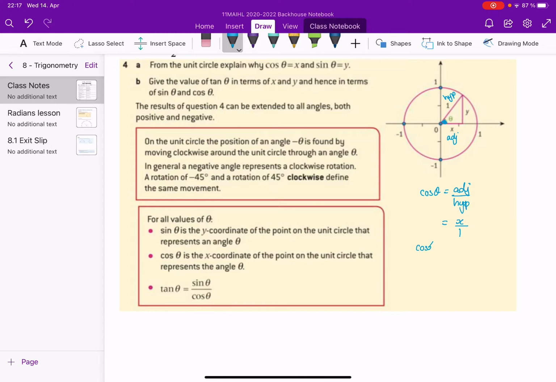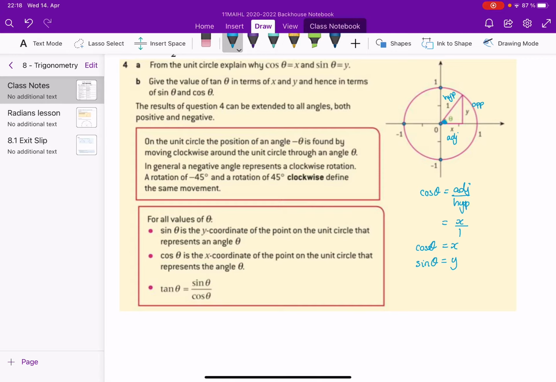So that simplifies quite nicely to just cos theta equals x. Similarly, sine is opposite divided by hypotenuse, so it would be y divided by 1, which is just y. So sine theta is equal to y. So what that means is we can actually consider sine theta as theta gets bigger and bigger as just what the y coordinate is doing as we move around our circle. And we can think of cos theta as what the x coordinate is doing as we move around our circle.